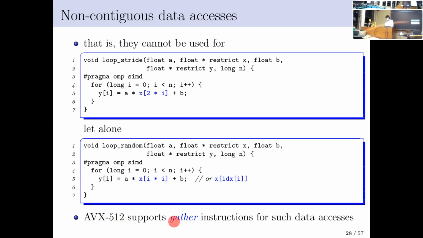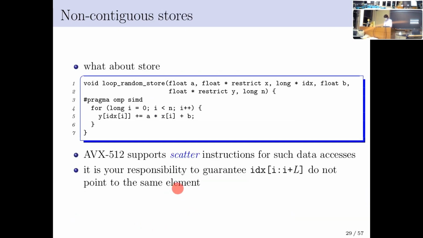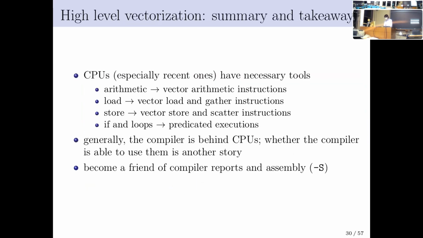Actually, recent Intel CPUs have something called the gather instructions. So you can manually vectorize this kind of code, but it's pretty much the case that the compiler is not able to vectorize this code for you. This kind of thing you will be going through in the Jupyter Notebook PD05.